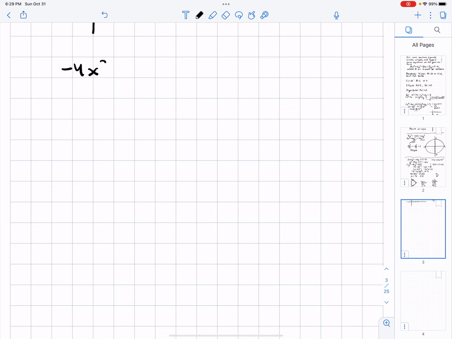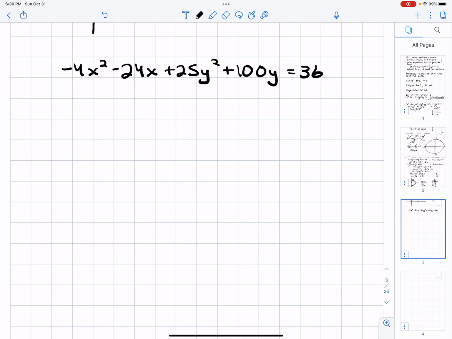Negative 4x squared minus 24x plus 25y squared plus 100y equals 36. All right, I know it's not a parabola because I see an x squared and a y squared. It could either be an ellipse or a hyperbola, possibly, because there's different numbers in front of x squared and y squared.